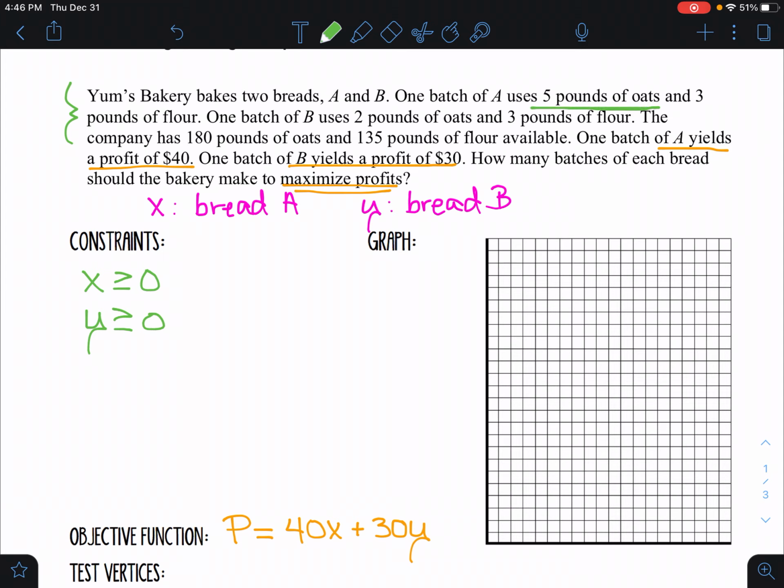So here, let's look at our oats. Every batch I make of batch A uses 5 pounds of oats. And every batch of B uses 2 pounds of oats.